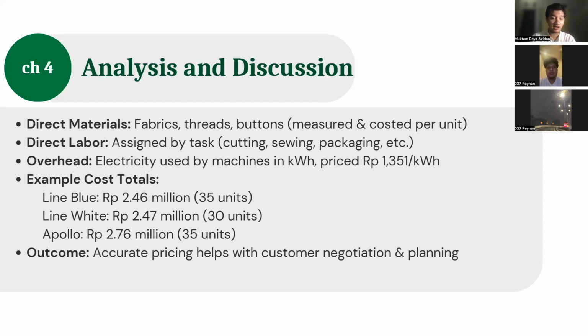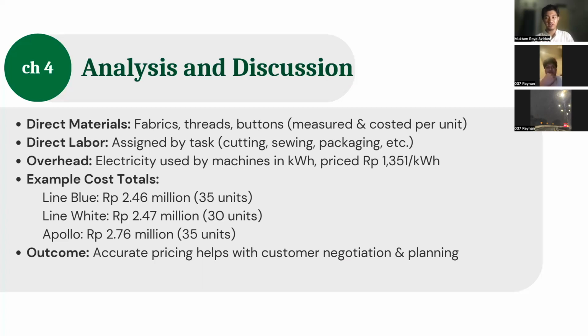We can see in the example of the total cost, based on our calculation, the line blue is around 2.46 million, including 35 units. The line white is around 2.47 million for 30 units, and the Apollo is 2.76 million for 35 units.